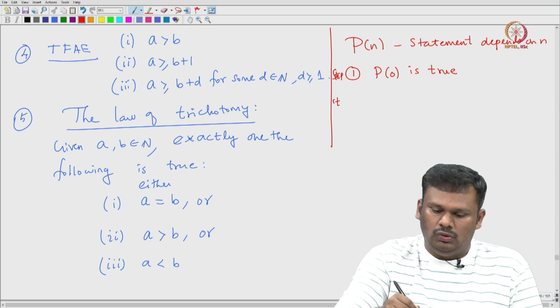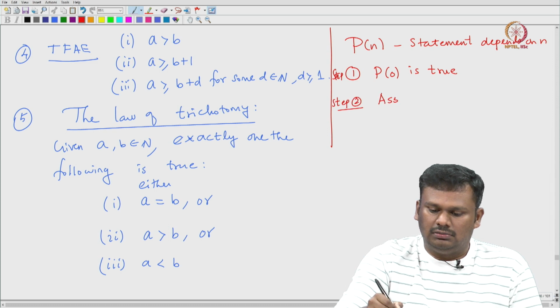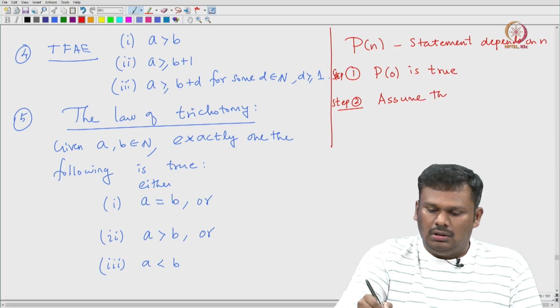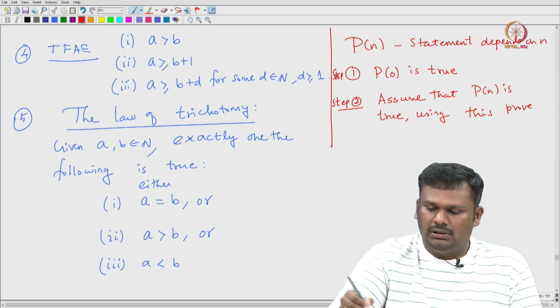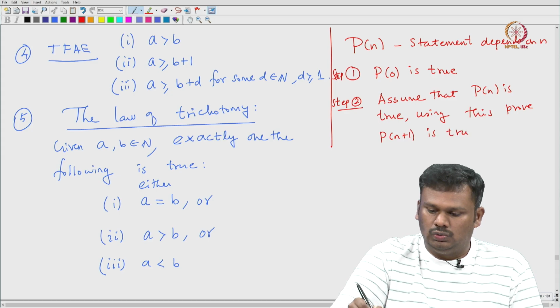Step 2 is to assume that P of n is true, and using this, prove that P of n plus 1 is true.